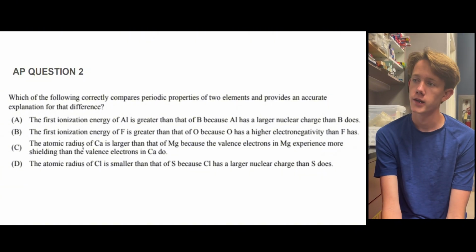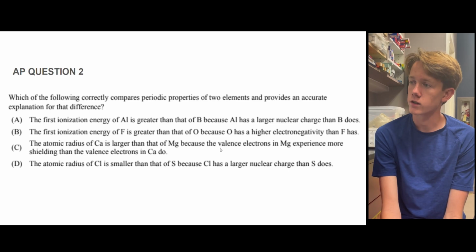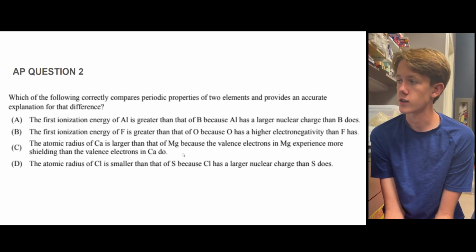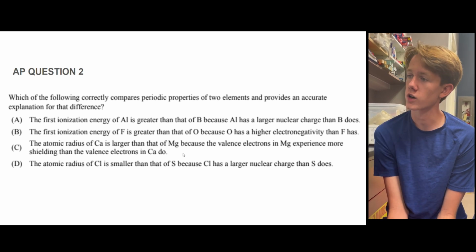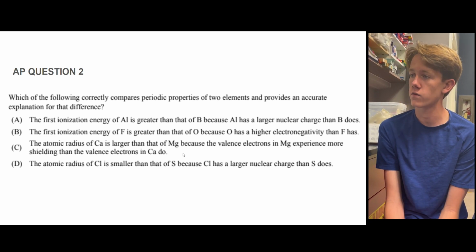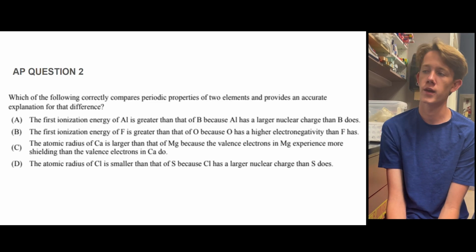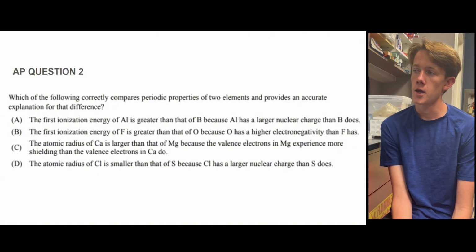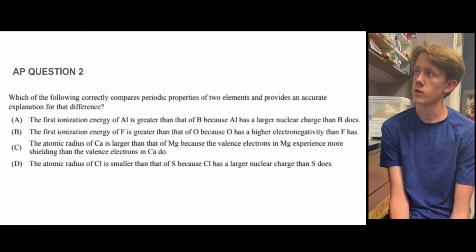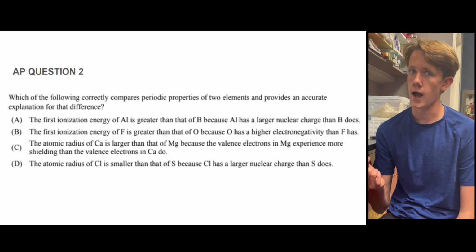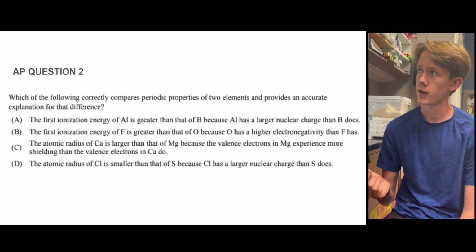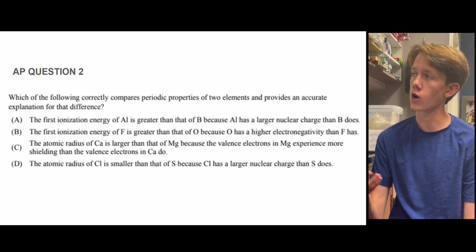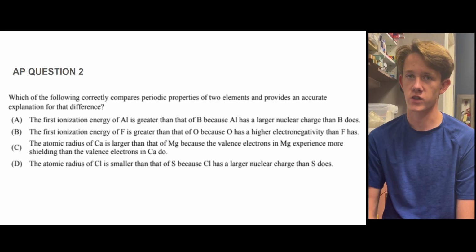So B is false. C: The atomic radius of Ca is larger than that of magnesium because the valence electrons in magnesium experience more shielding than those in calcium do. This is false because if you look at the electron configuration, magnesium only goes up to 3s, whereas calcium goes through both 3s, 3p, and into 4s.